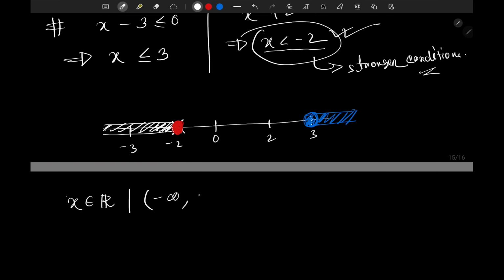That's why I put a parenthesis over here, to -2, union 3 is included. So I'll put a square bracket, and to positive infinity. And you can just write x is not equal to -2. This is your domain for this function.